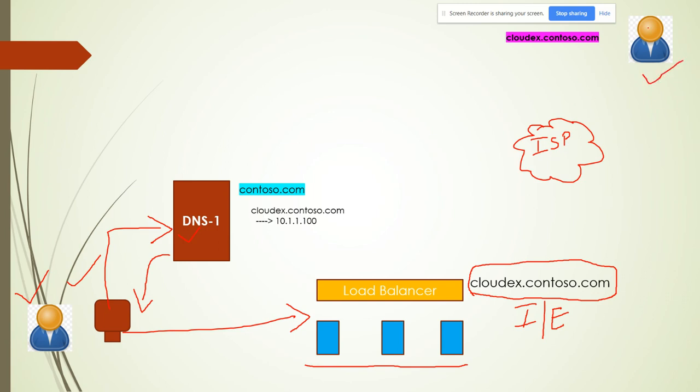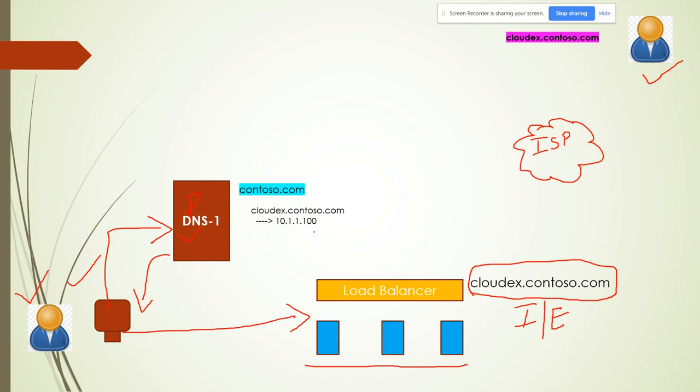Will you allow any external user to directly resolve the name from your preferred DNS server? So remember, not the preferred DNS server, this DNS server, this is the primary DNS server. Will you allow any external user to connect directly to your primary DNS server? If yes, then you are creating a high security threat.